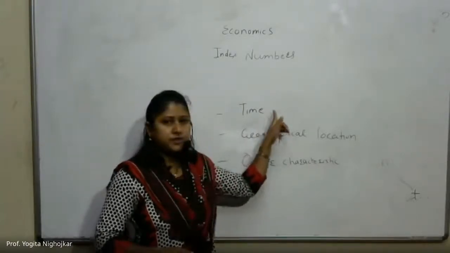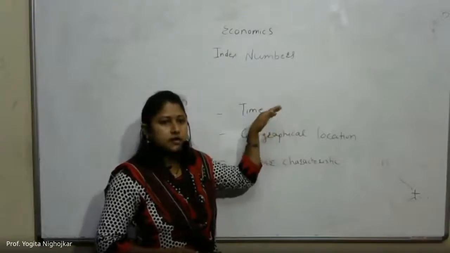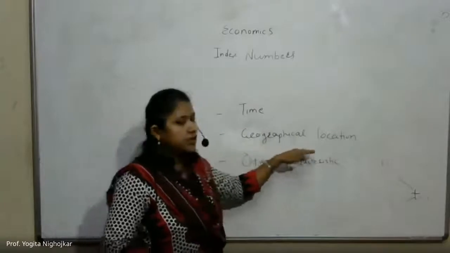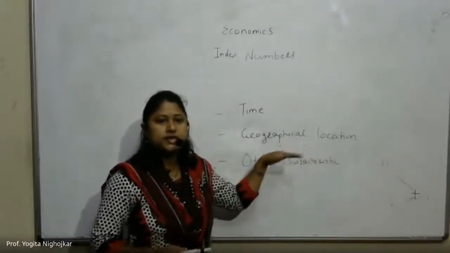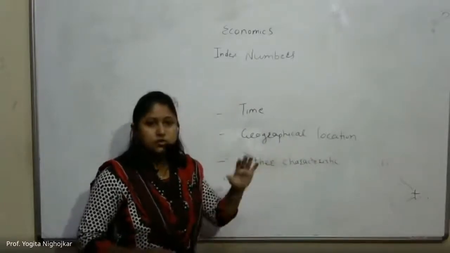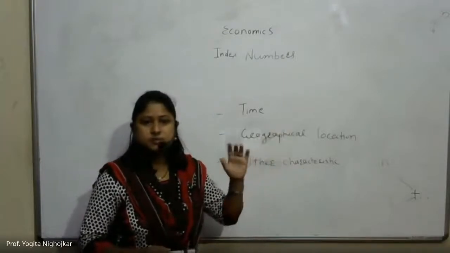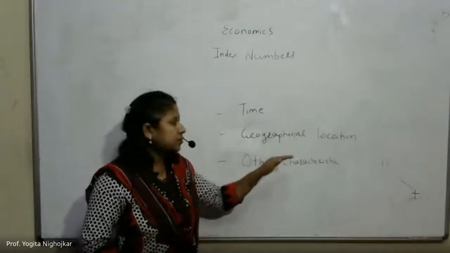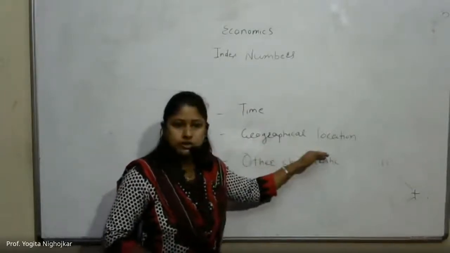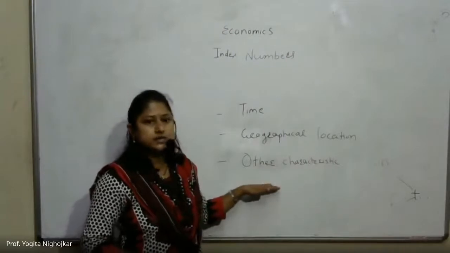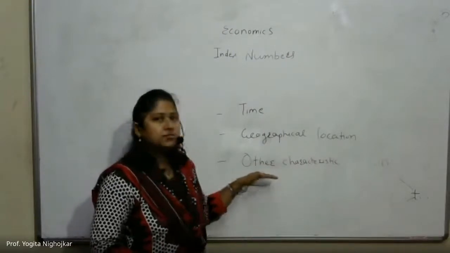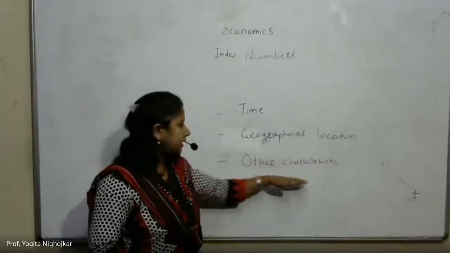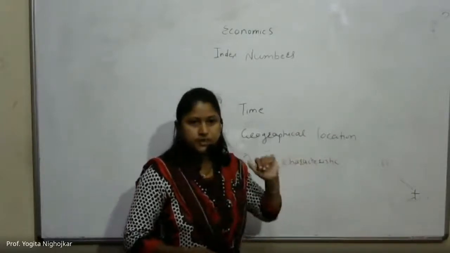First is time. A particular time, he considers a time period, right? Second is geographical location. It often varies in total income of employees, not only straightforward earnings, but the cost of living, taxes, and much more comes into play. That is geographical location. And third is other characteristics, such as income, professions, poverty rate, that are other characteristics he considered.